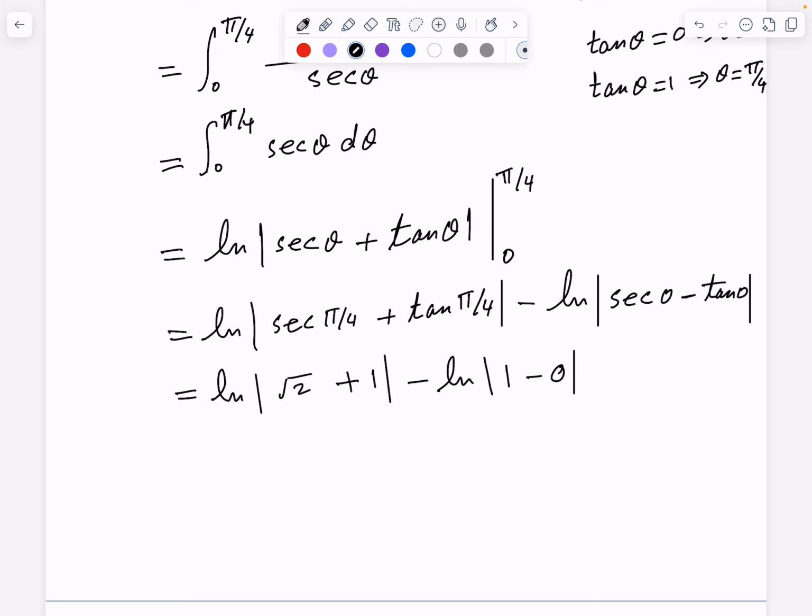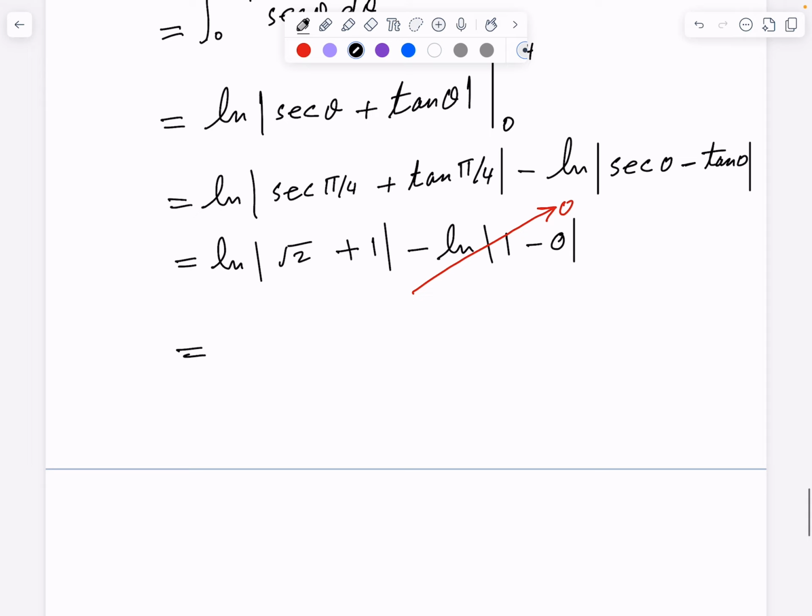And we know that ln of 1, or log of 1 in general, is 0. Therefore, we have ln of square root 2 plus 1, and we're done with this integral.